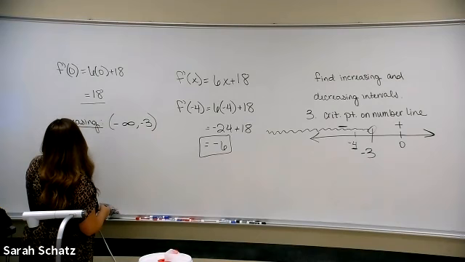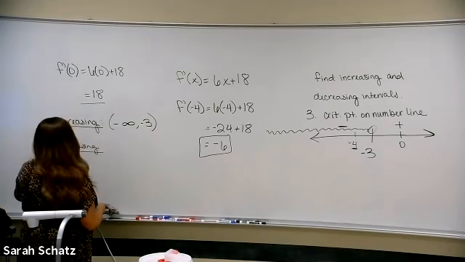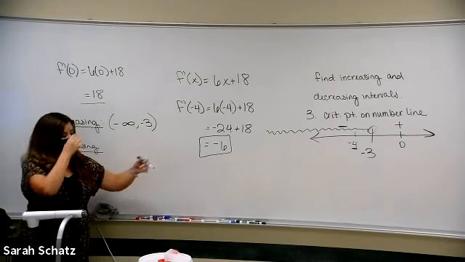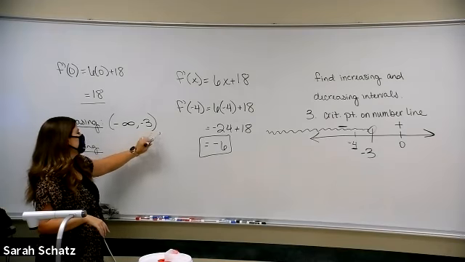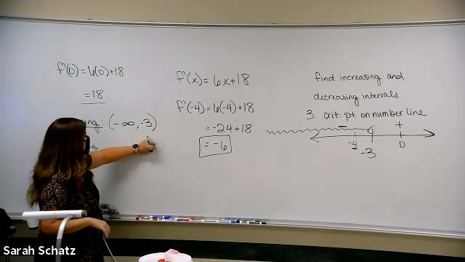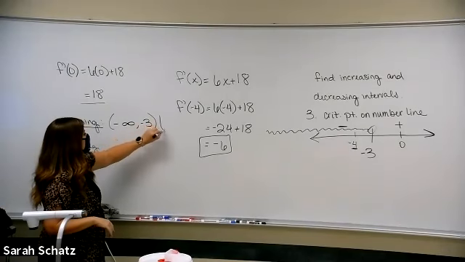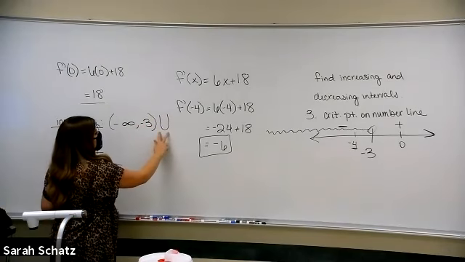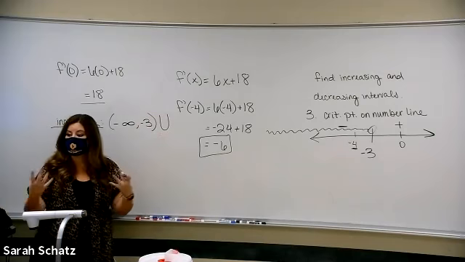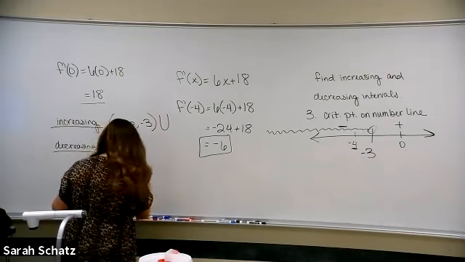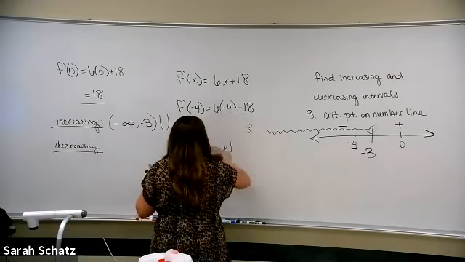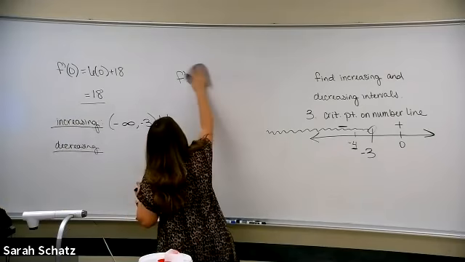If you have more than one increasing interval in your answer, like sometimes we will have more than one, you can either separate them with a comma if you want, or you can use a union symbol. So this is another way to say you have more than one interval. So let's say we had two intervals that were increasing.